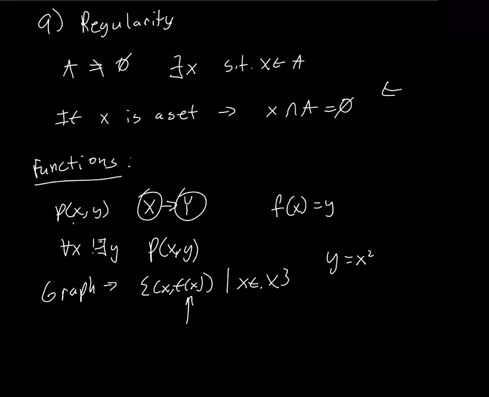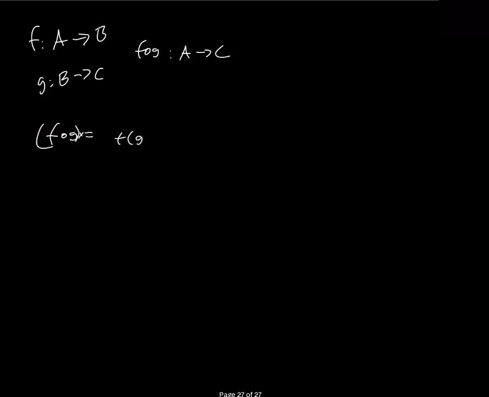All right. One clear thing about functions that we want to consider is function composition. What function composition is that if we have a function f, which leads A to B, and a function g, which leads B to C, we can consider the function composition, which leads A to C. In particular, f composed with g evaluated at x is equal to f of g of x.